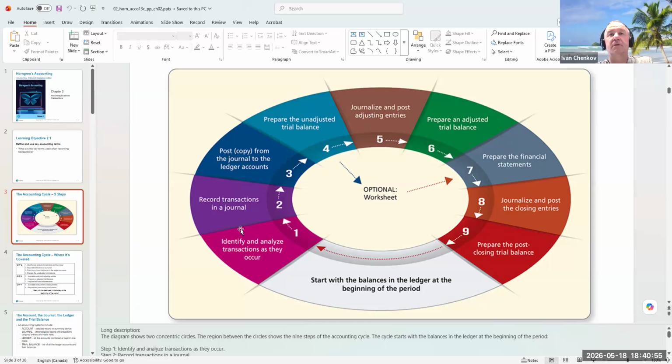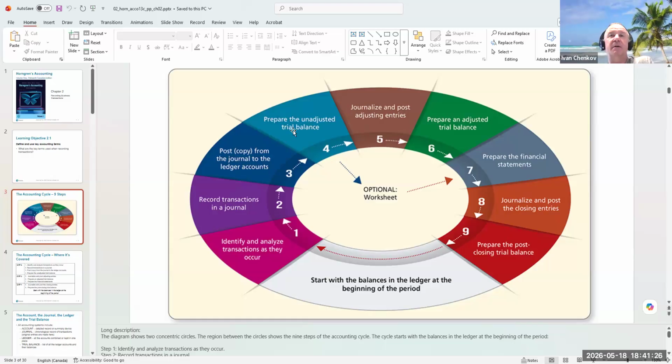Once we record it in the journal, we combine all the journals into different accounts, for every account that we may have in the company. We're going to put all the transactions from the journal on the certain account. Those accounts, we're going to put them in the ledger, which is going to combine all the accounts the company has or needs for recording the operations of the company.